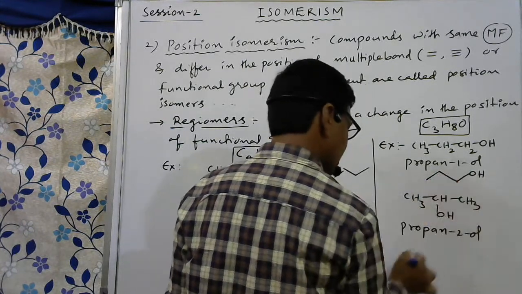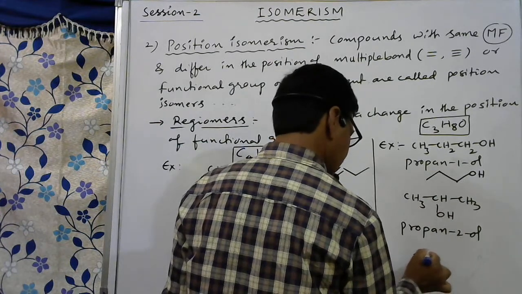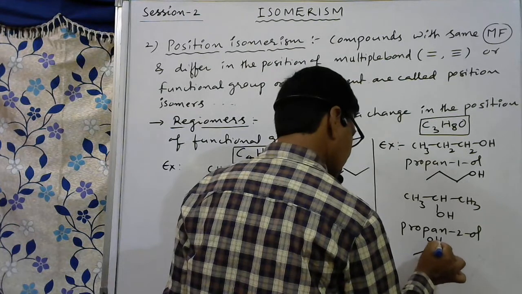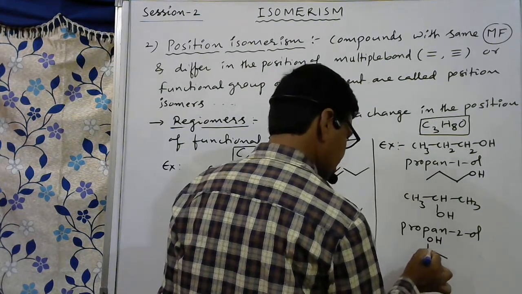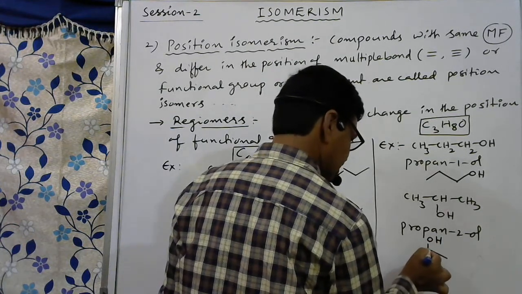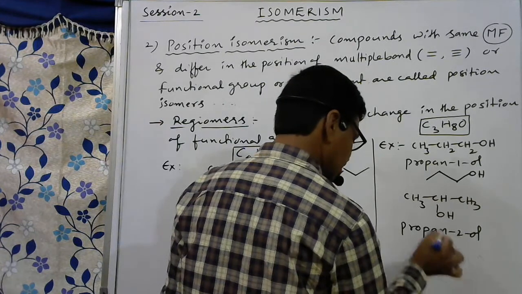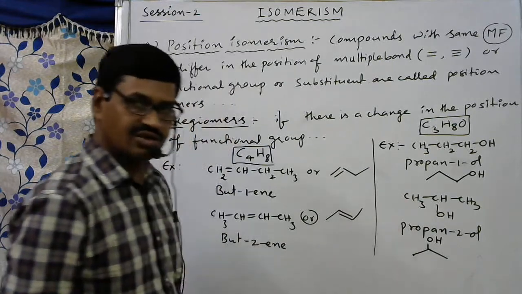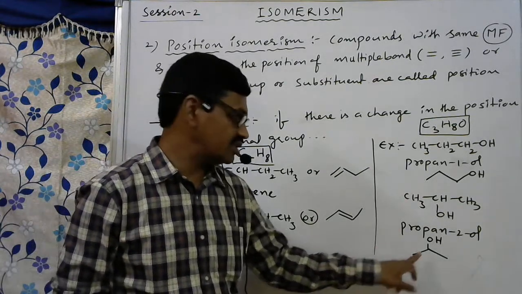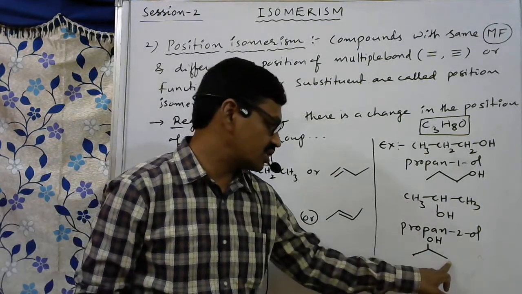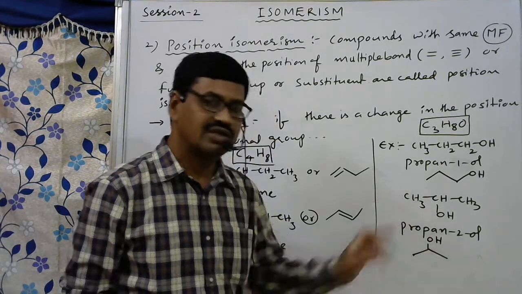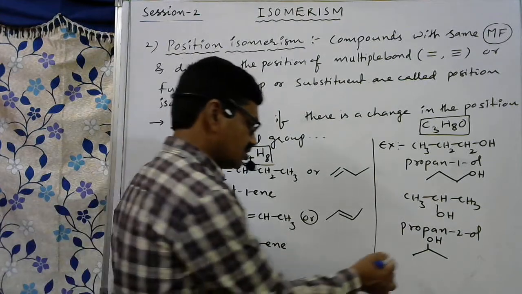For the other, CH3, CH, OH, CH3. The end of a line is a terminal carbon, and a terminal carbon always contains 3 hydrogens. Here also 3 hydrogens, and here already one OH group is there, one carbon and one hydrogen. So like this also we can write.